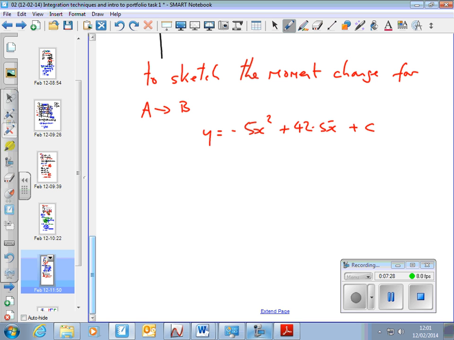Again, we're after where it cuts the y-axis. Because if I plot the curve y equals minus 5x squared plus 42.5x, I'll get a curve which could be anywhere. What locks it in position is this point here where it cuts the y-axis.